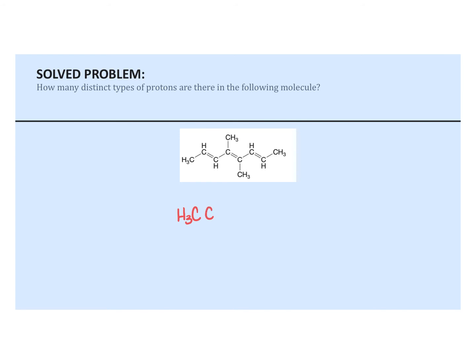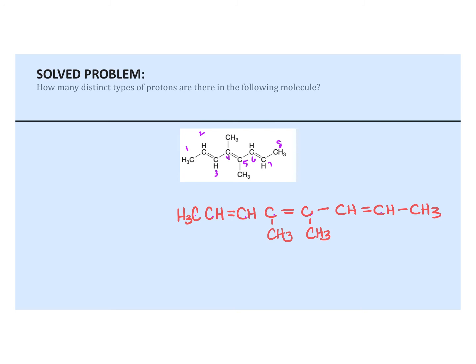That's CH3, CH, CH, C, CH3, C, CH3. I got lost there for a second. CH, 1, 2, CH, CH3. Now, I always like to go back and double check myself because I do get lost sometimes. There's 1, 2, 3, 4, 5, 6, 7, 8. Always feel free to go back and check it yourself as well.